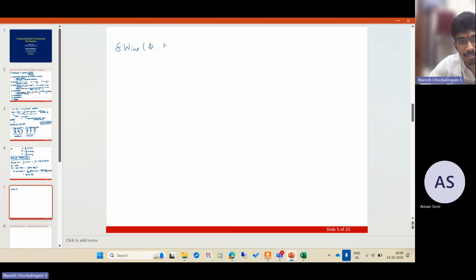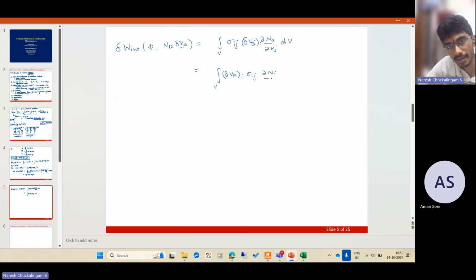But del V we have discretized as NA del VA, so this is nothing but the integral over the volume. I can write it in component form: sigma ij del VA i dou NA by dou xj dV. So this is nothing but integrated over the volume del VA i sigma ij dou NA by dou xj dV.